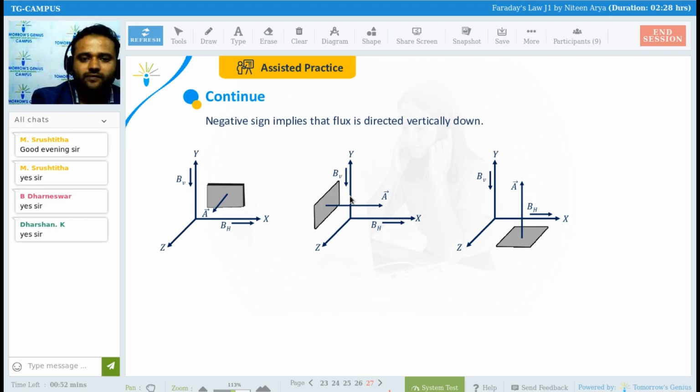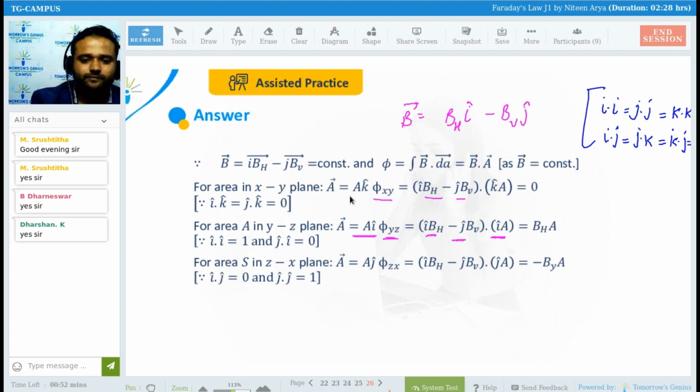So this negative sign implies that the direction is vertically downward. Is this clear? I mean, why only for YZ plane and ZX plane do we have magnetic flux? Is this clear everyone? Okay, because the area vector for XY plane is in the K direction and I don't have my magnetic field in the K direction. Clear beta everyone? Good.